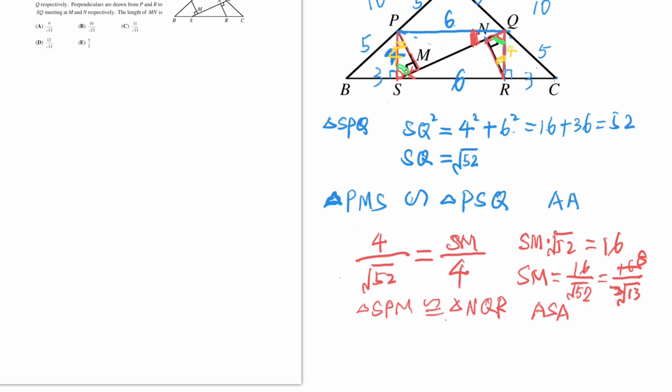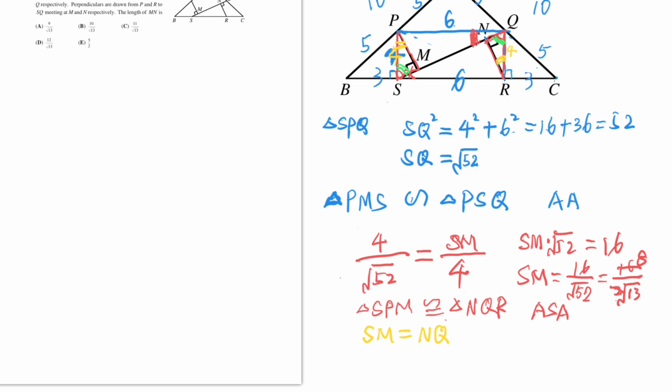So ASA, these two triangles are congruent. So SM equals NQ. Corresponding parts are equal: SM opposite the yellow angle equals NQ opposite the yellow angle.